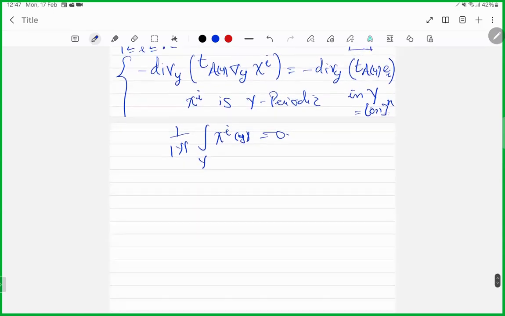Once we write that, to relate this with the Wi that was coming from the previous problem, Wi of Y is chi I of Y minus Y dot EI. Okay? It is just this, because this is just gradient of YI. So I have just written WI is this.